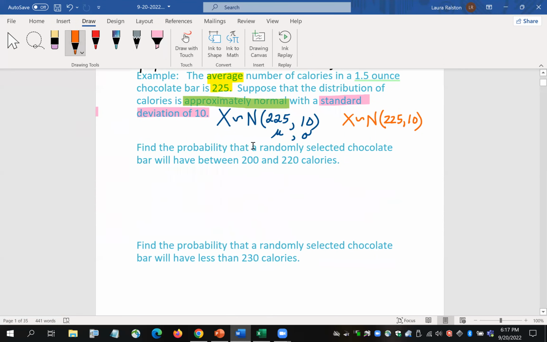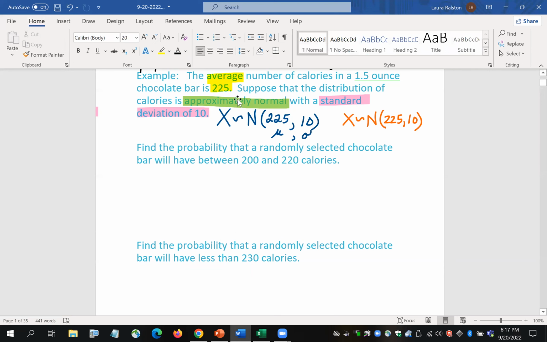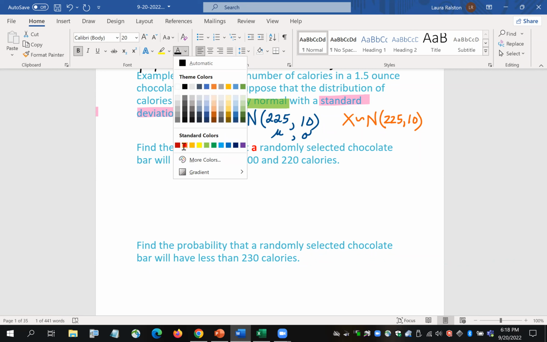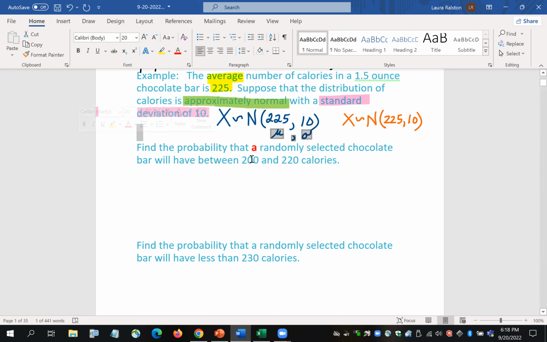randomly selected chocolate bar will have between 200 and 220 calories. Now, one thing that I want to emphasize tonight, which I think I did in the video last week, is it says find the probability that a.